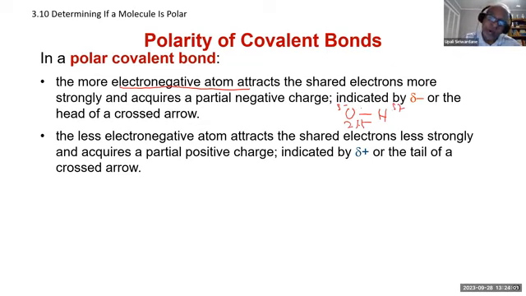This bond is polarized towards the oxygen atom.